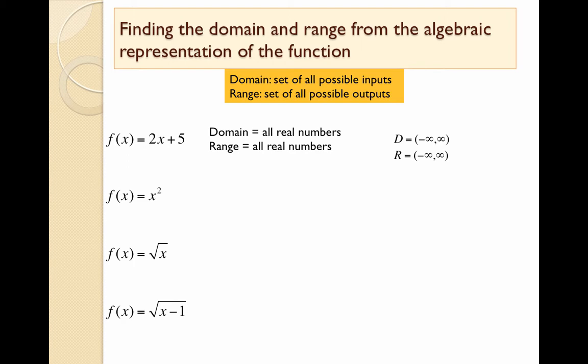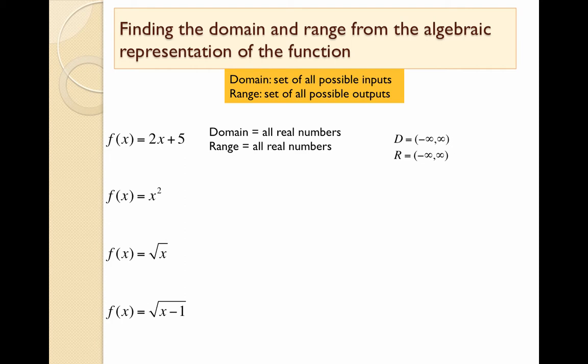Next example, f(x) = x². Again, we ask ourselves, is there anything that we couldn't put in there? Is there anything that's not allowed or that would make that function blow up? No, in fact, any number that you want, you could put in there for x and you'd be able to calculate something. So we've got all real numbers for our domain. And now what about the range? Think about this for a minute.